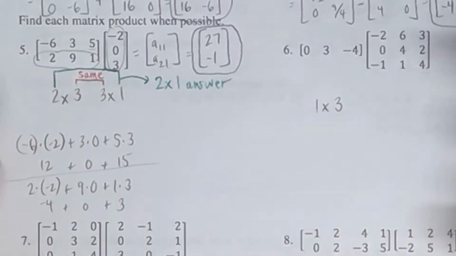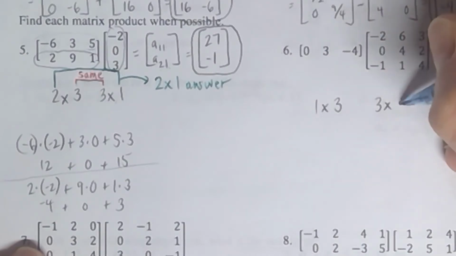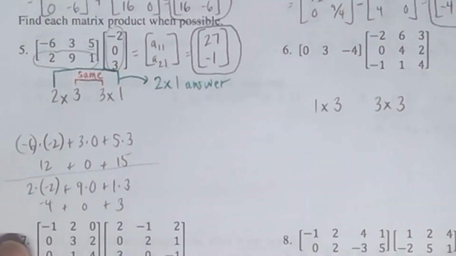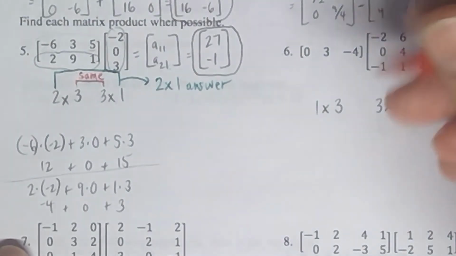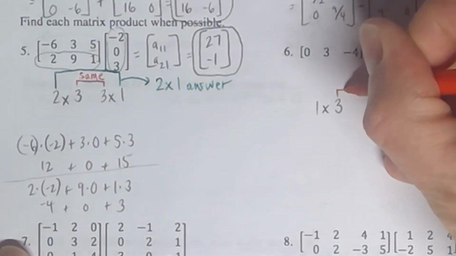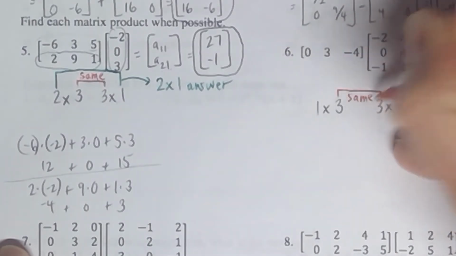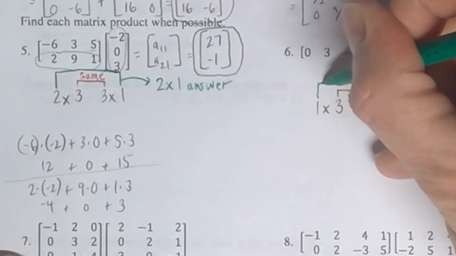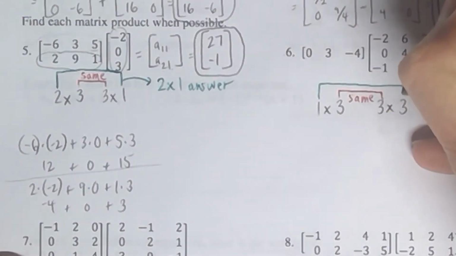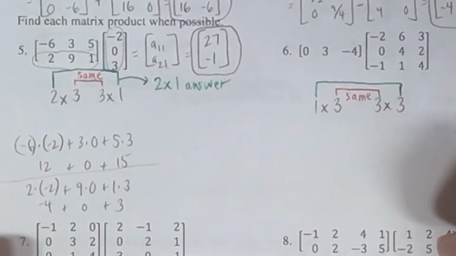This one right here is a 3 by 3, 3 rows and 3 columns. Can I multiply? If the two middle numbers are the same, you can, and they are. So because they're the same, we then take the two outside numbers, and that determines the size of your answer.